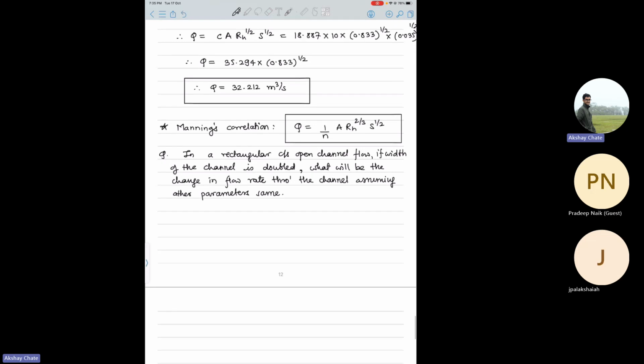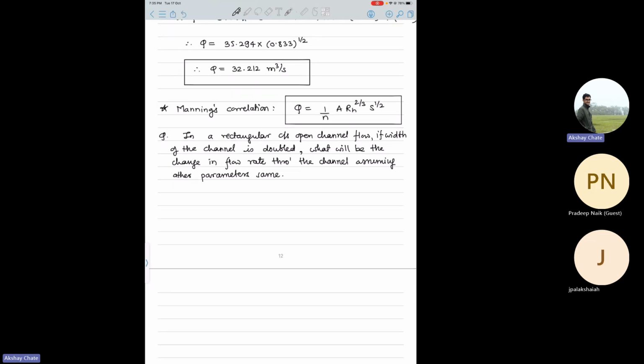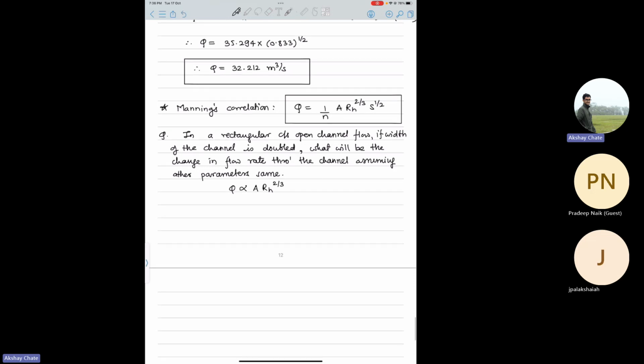So let's say this question only. So we know, see, if slope is constant, if the channel material as well as the roughness is constant, this n and s will not change with your channel width change. So the Q will be proportional to flow area and the hydraulic radius power 2 by 3. Correct.